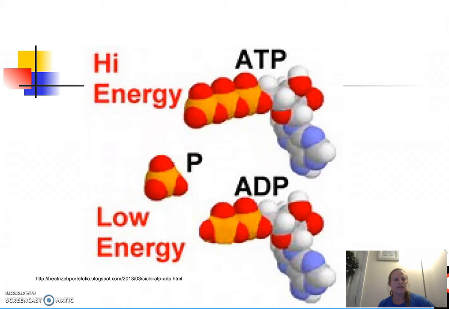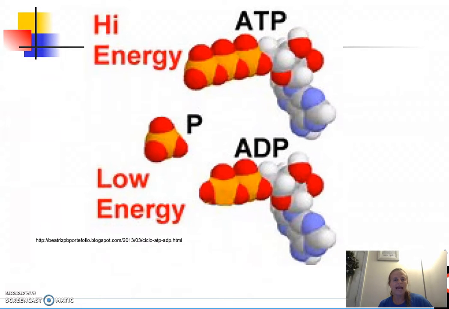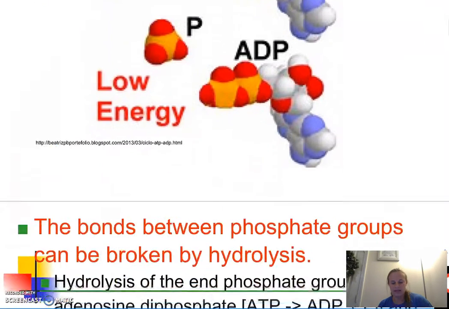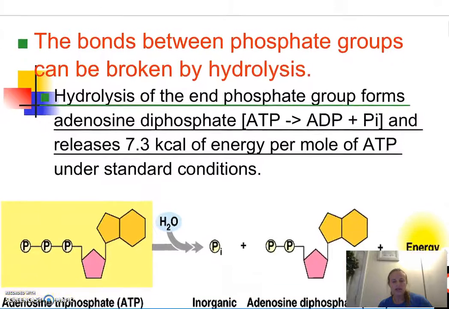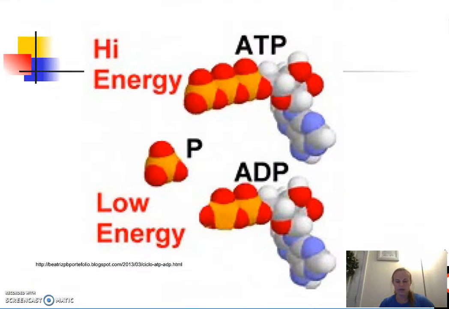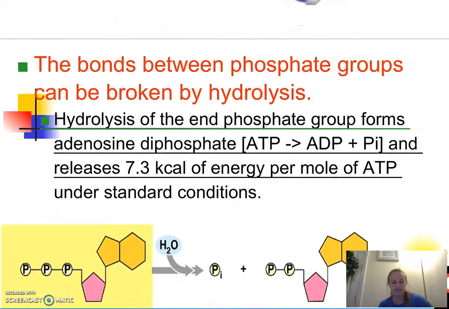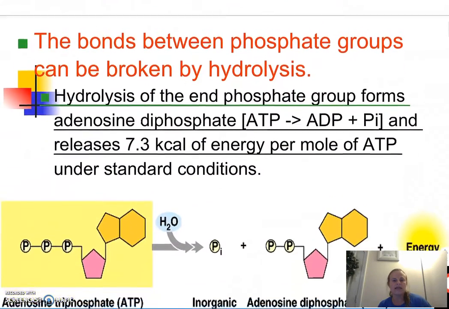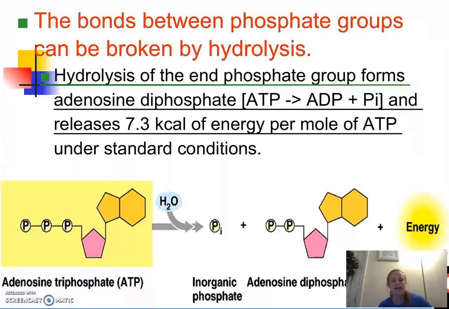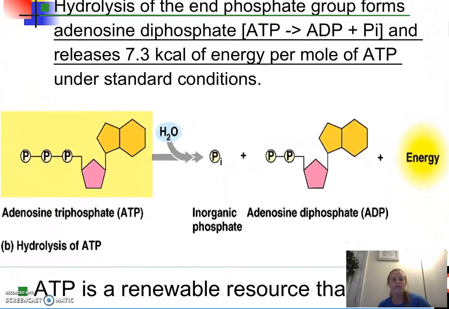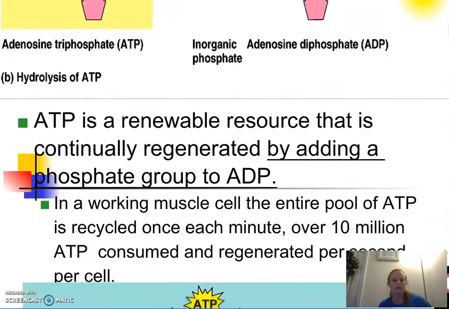When ATP is in that form, it's got high energy, versus ADP, which has low energy. When the bond is broken between the third and the second phosphate, it releases 7.3 kilocalories of energy. That energy can then be used to do cellular work.